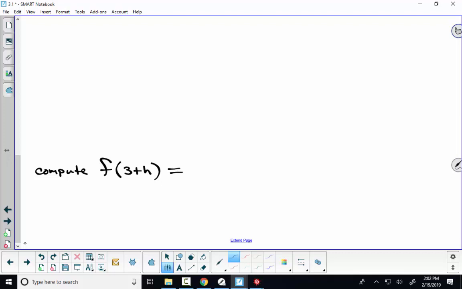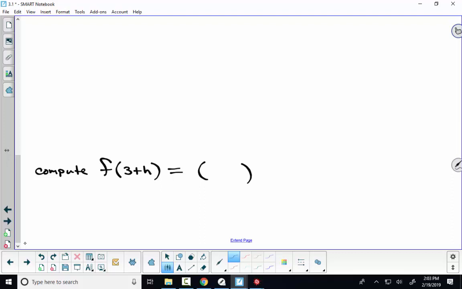So what's f of 3 plus h for this example? That f of 3 is 4, but we're not going to have a specific value for that, because more or less in this definition, the thing that's varying is that h. Got 4 plus 6h plus h squared.